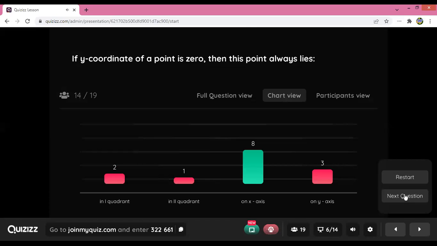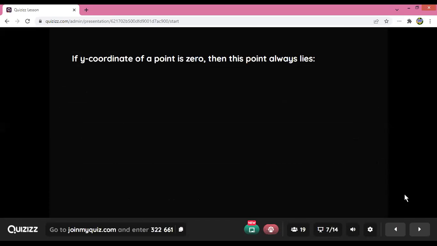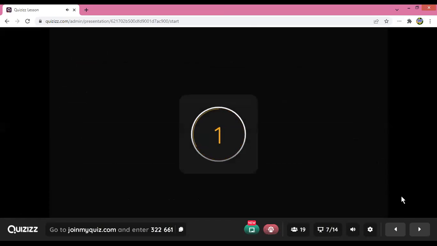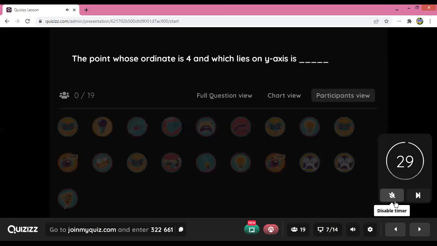Very good. Let's look at next question. It says the point whose ordinate is 4 and lies on y-axis is. Okay, ordinate means the x value. So the x value is 4 and it lies on the y-axis.